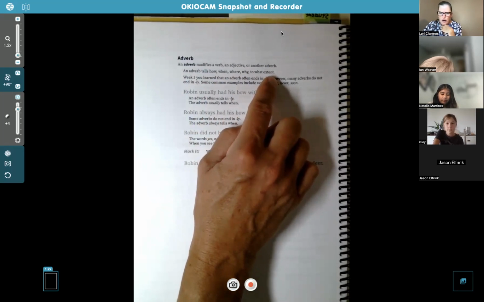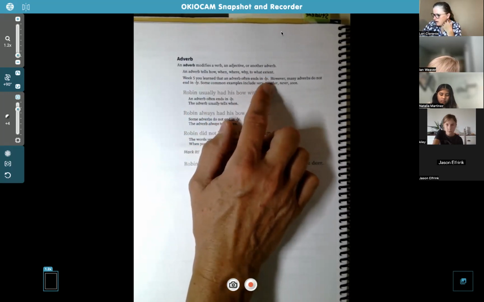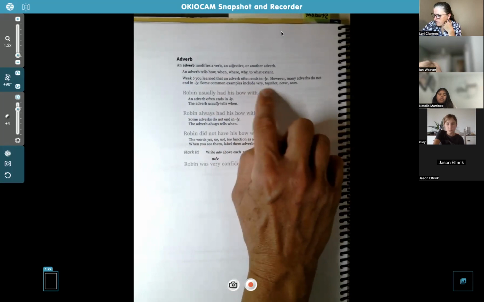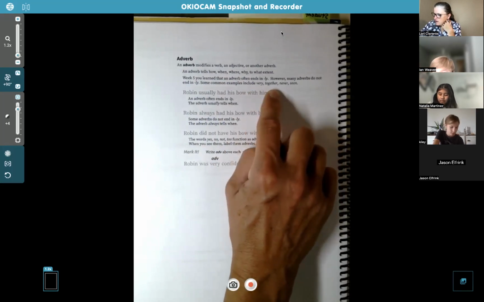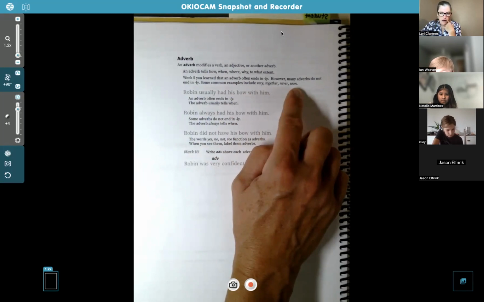We're used to using ly adverbs, and those are good, but there's others too. It says here in week 5, we learned about ly. So some do not end in ly. Here's some examples at the end of that little paragraph there. Very, together, never, and soon. Those are considered adverbs because they tell when and how.